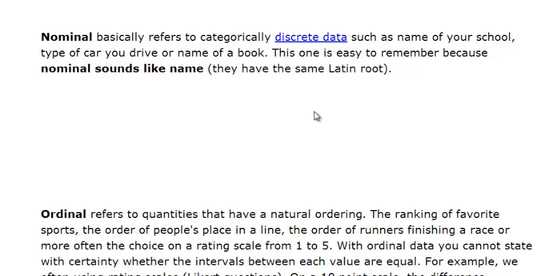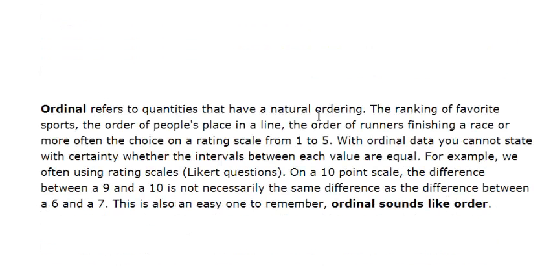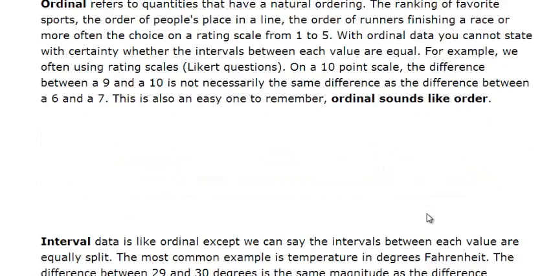Doesn't really have to do with a particular number. Ordinal refers to quantities that have natural orderings. A ranking is an ordinal statistic. A rating scale of 1 to 10 is an ordinal statistic, something that implies an order to something.